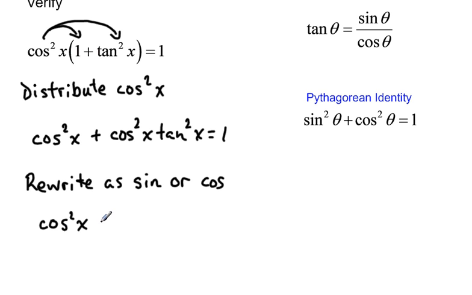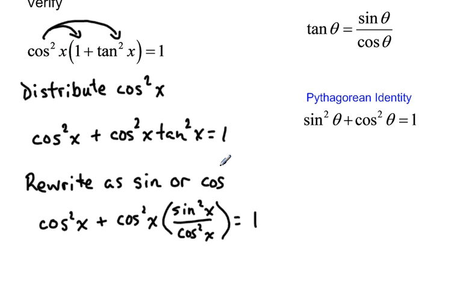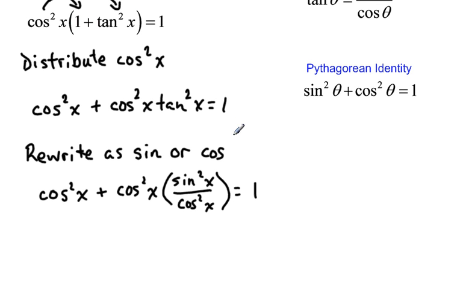Cosine squared x plus this cosine squared x will also stay the same. What we are going to do is change the tangent squared x, and we've said tangent is equal to sine over cosine. If tangent is sine over cosine, then tangent squared is sine squared x over cosine squared x. And that still equals 1 on the right side.